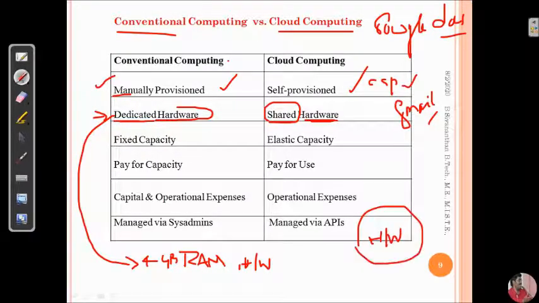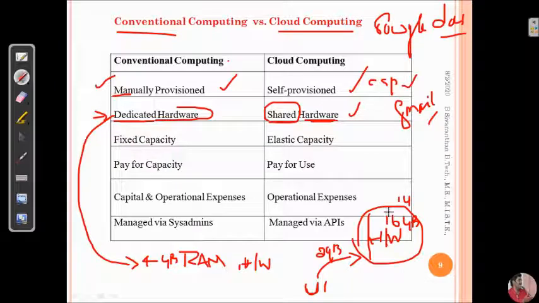If user one interacts with the CSP and accesses partial hardware, say I have a hardware with 16 GB, and user one needs 2 GB of RAM, only 2 GB will be provided to user one. The rest of the 14 GB can be used by other users. So that is called shared hardware.